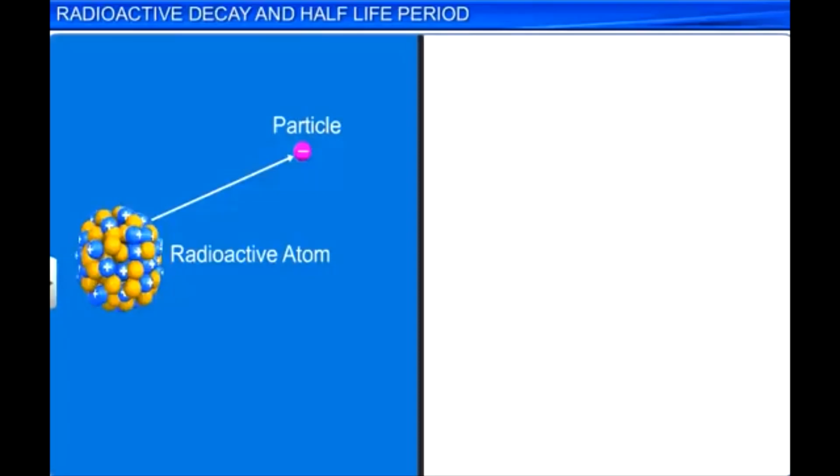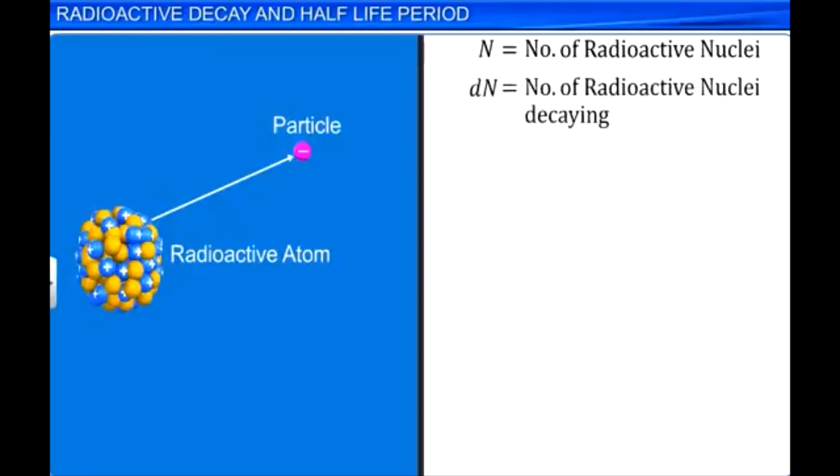Let us first derive a relation for the rate of radioactive decay. For this, let us consider a sample of a radioactive element containing N number of radioactive atoms at time t. The number of nuclei, dN, which will decay, will be proportional to N, since the more the N value, more will decay in the time interval dt.